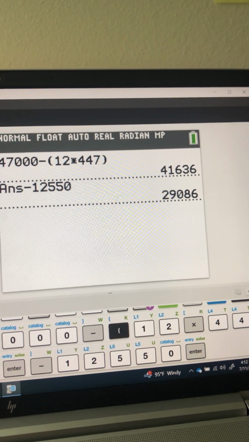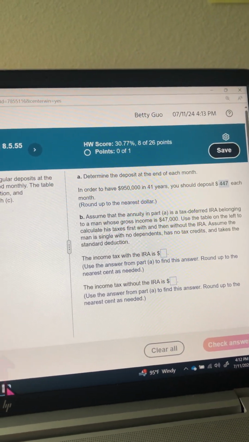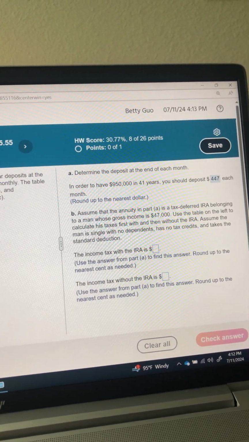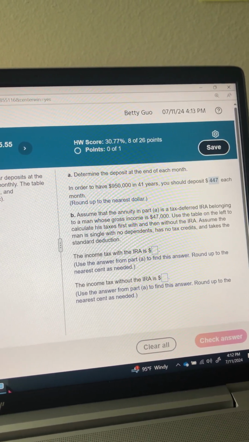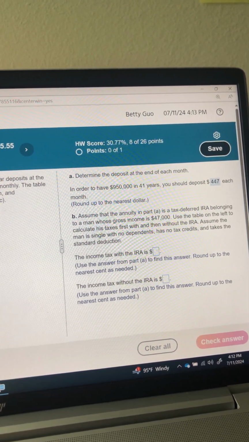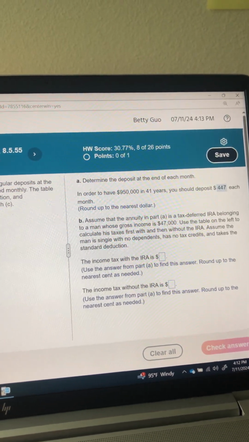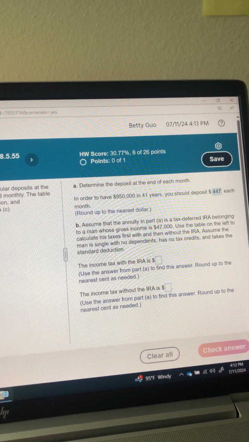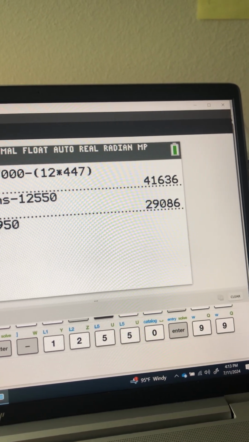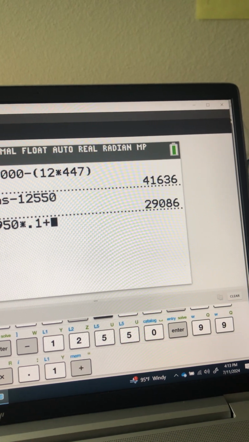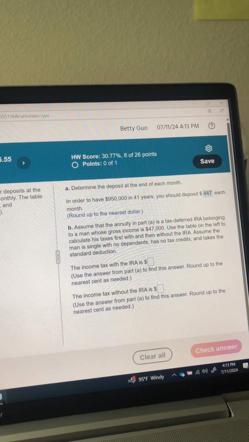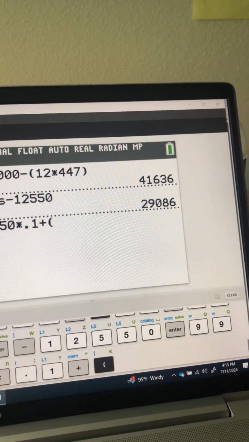Taxable income, let's see, it is 29,086. So it falls in the second bracket, and we're going to have two rates. We're going to apply 10% and 12%. The first $9,950, we apply 10%. So we have 9950 times 0.1 plus the rest of the money, apply 12%.